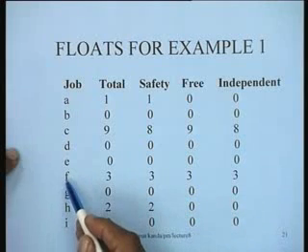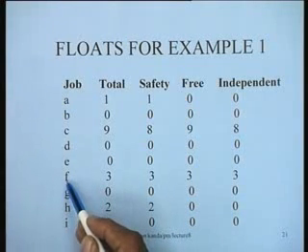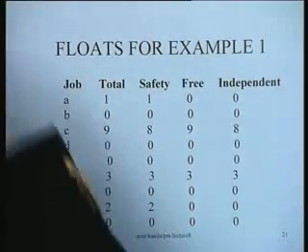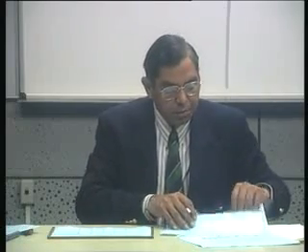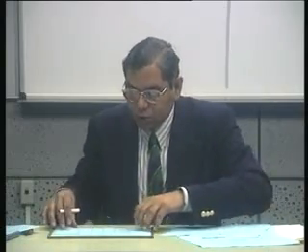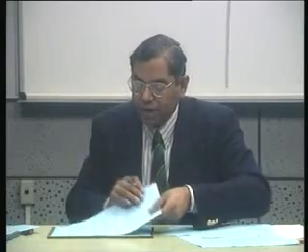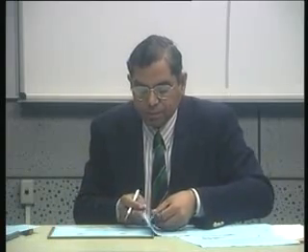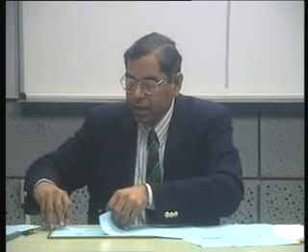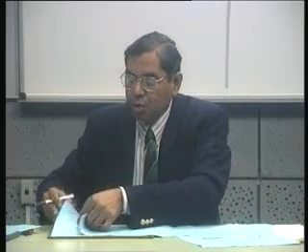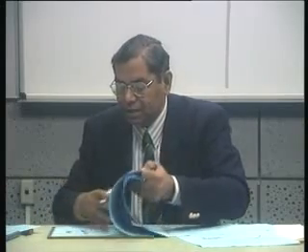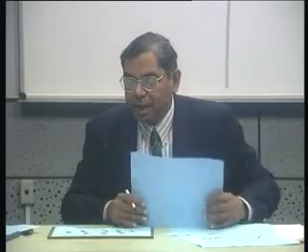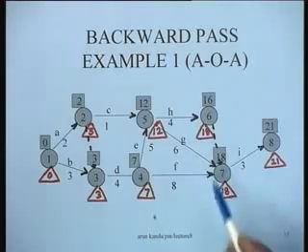Let's take for instance this example of say maybe job F. We can determine for job F the total float. Let's refer to the calculations that we had done earlier.